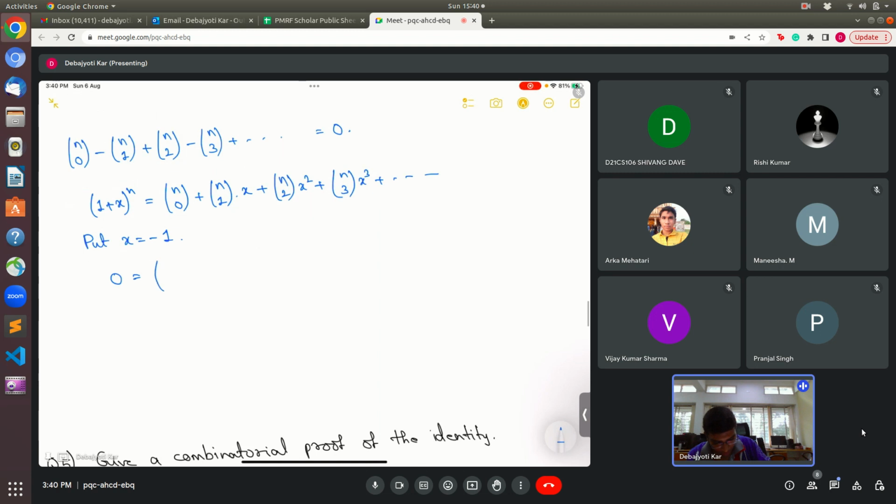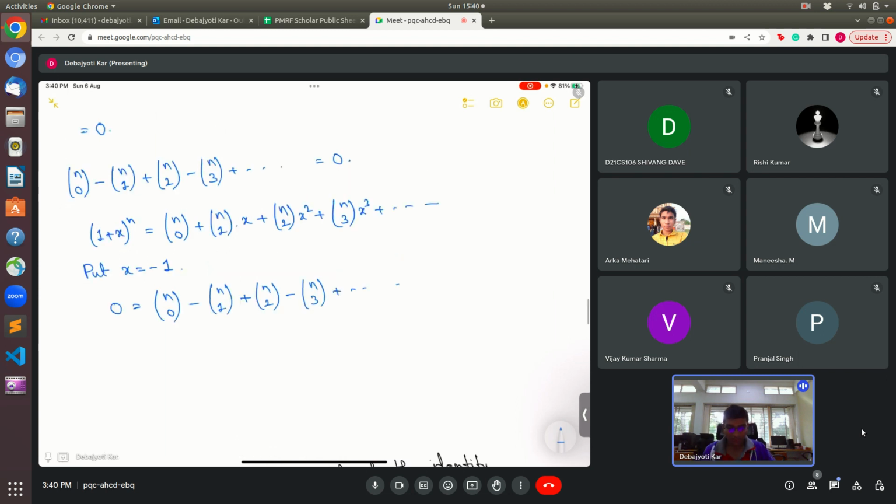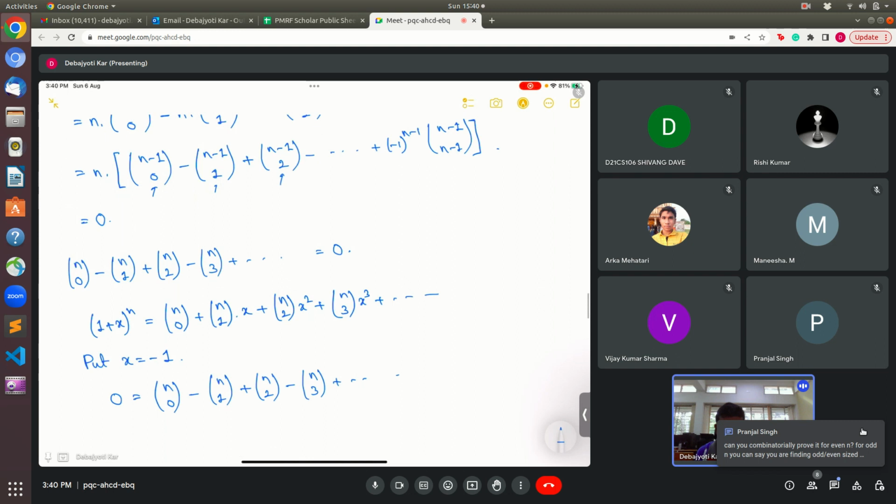What will happen to the RHS? Note that minus 1 to the power odd is minus 1, and minus 1 to the power even is plus 1. So we'll get exactly this, and so on. Hence this sum is equal to 0.